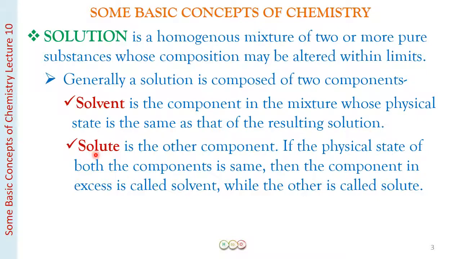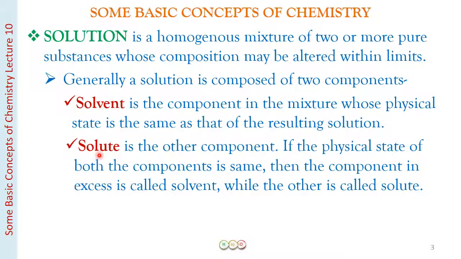For example, in the sugar solution, we have sugar and we have water. Water has the same physical state as the resulting sugar solution, so that is the solvent, whereas sugar is the other component, that is, the solute. Now you can ask: if the physical state of both the components is the same, then what do you say?